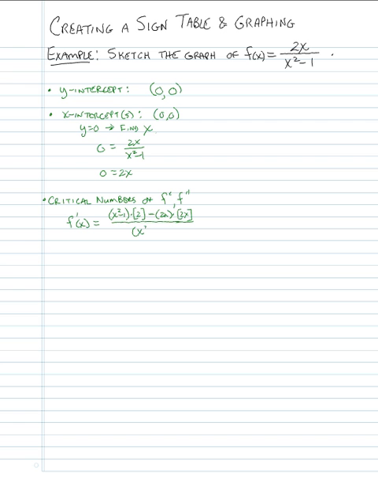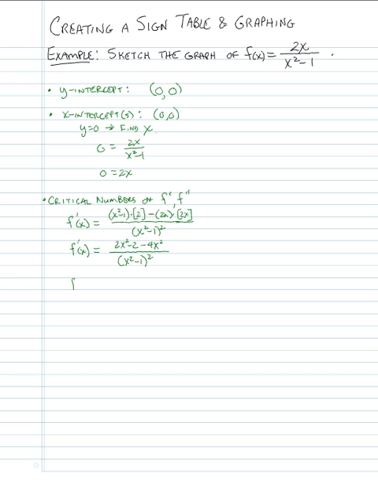And so then we have the denominator squared. And we need to simplify that. And let's see, in the numerator we'll have 2x squared minus 2 minus 4x squared. And in the denominator, of course, we have x squared minus 1, and that's being squared.